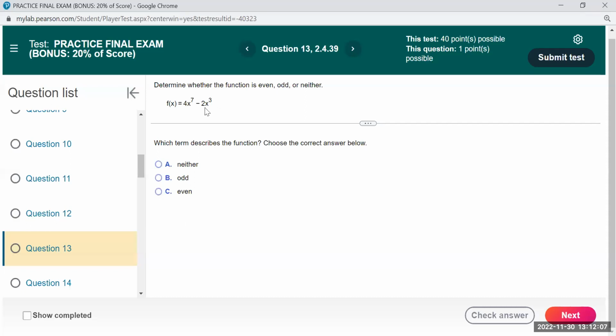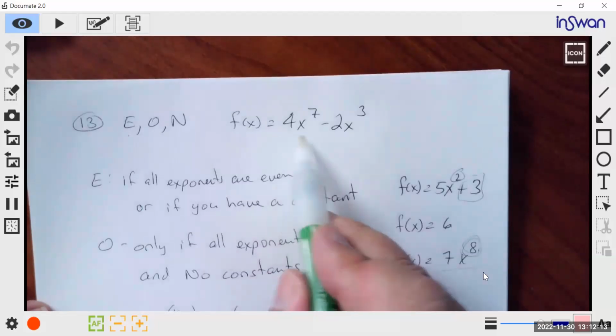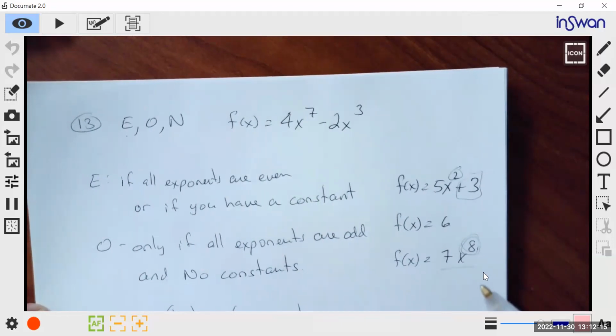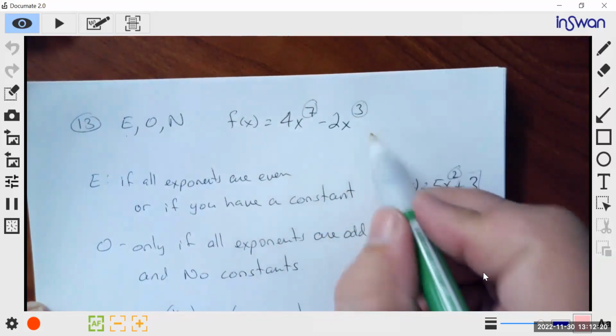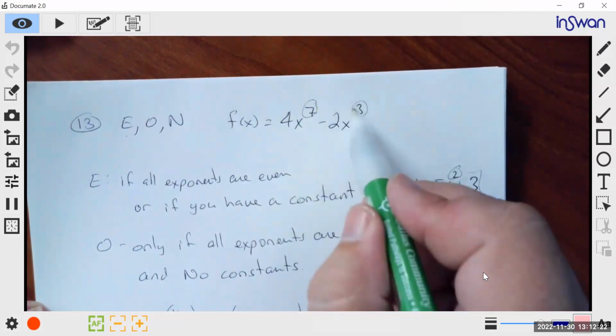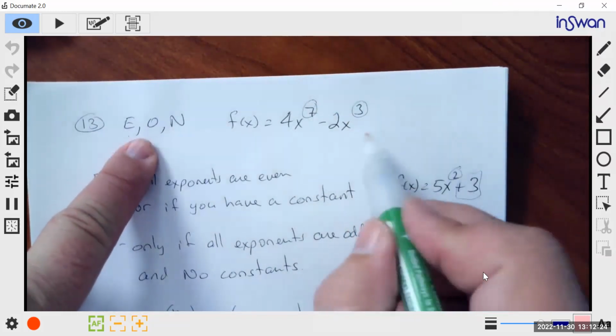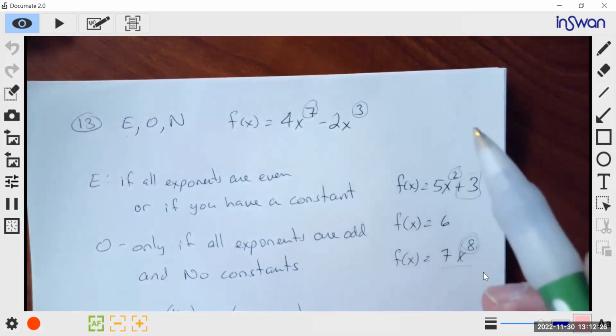So our example here, we're going to finish the question. Is this one odd, even, or neither? The exponents, 7 and 3, they're both odd, so the function's odd, and there's no constant term, so it's odd.